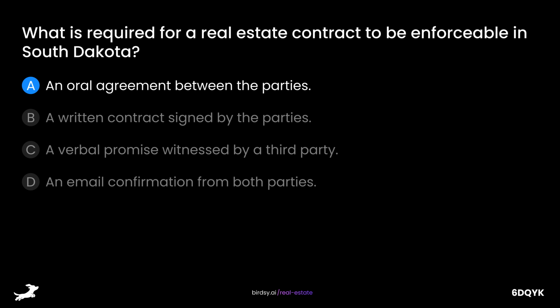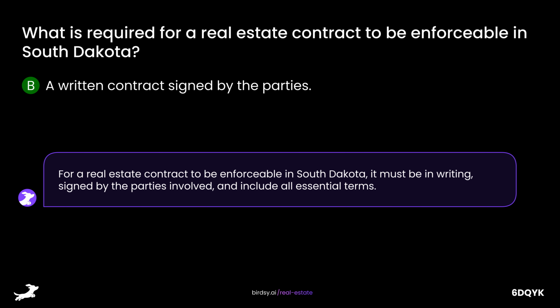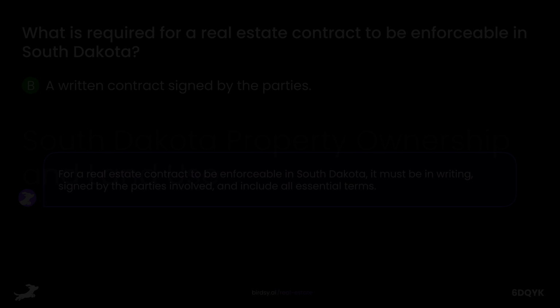Is it A, an oral agreement between the parties, B, a written contract signed by the parties, C, a verbal promise witnessed by a third party, or D, an email confirmation from both parties? The answer is B, a written contract signed by the parties. For a real estate contract to be enforceable in South Dakota, it must be in writing, signed by the parties involved, and include all essential terms.